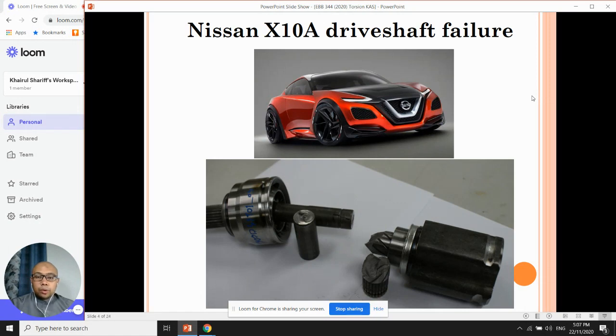As you know, I think the most related part that uses the torsion fundamental is inside the drive shaft of the car. I want to give some example about the Nissan X10A drive shaft failure.